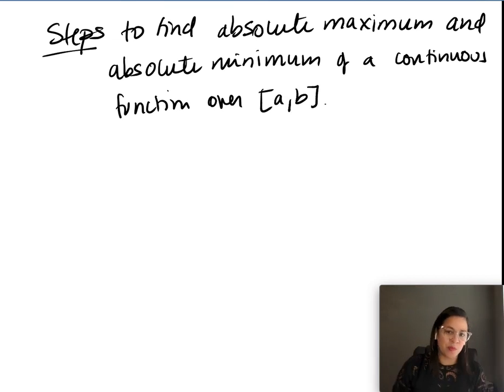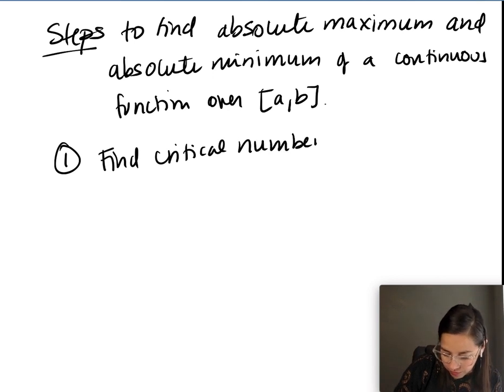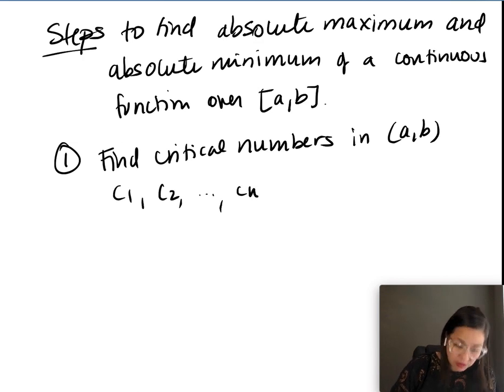This is super important, okay? So step one, find critical numbers in (A, B). I'm going to call them C1, C2, all the way to Cn so that I can refer back to them.